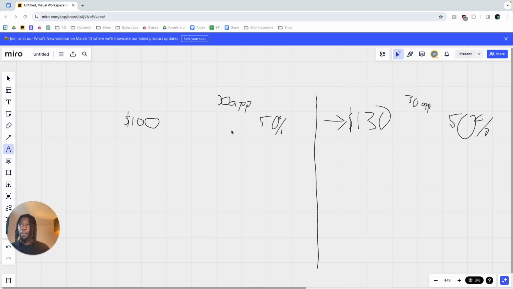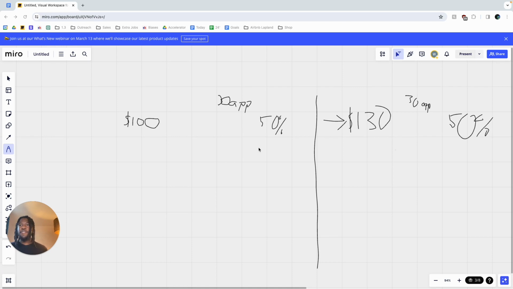But let's just say you take 30 appointments. Let's take this on the lower end. Let's say you charge $100 a month right now, and you have 30 appointments coming in every single month, and you usually close 50% of these appointments.